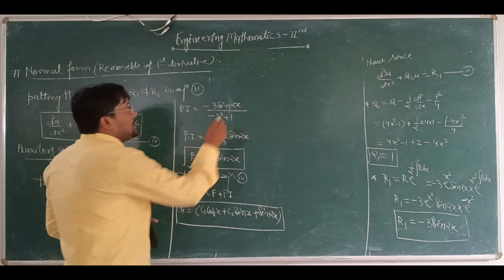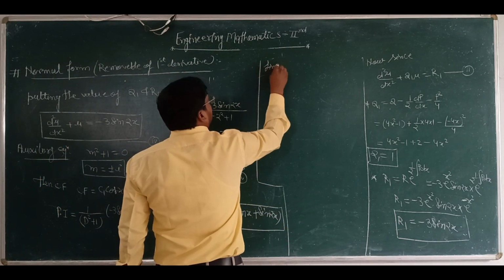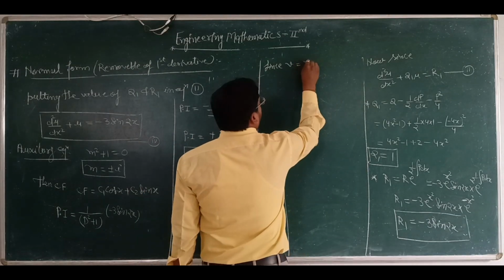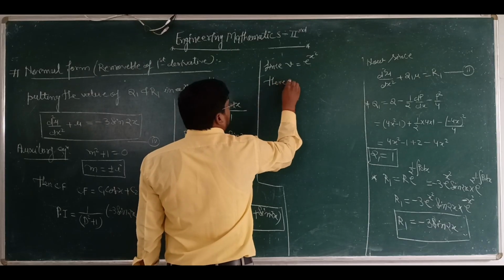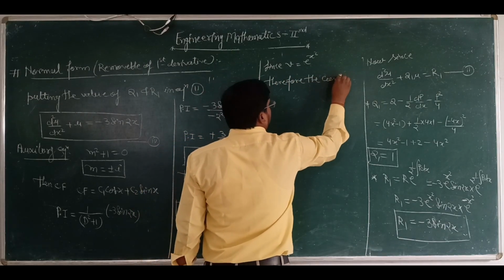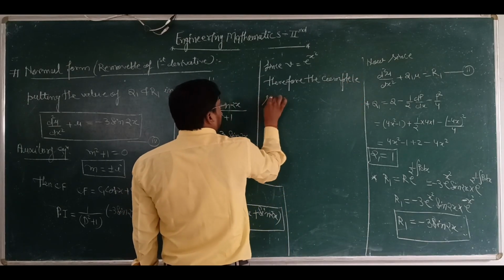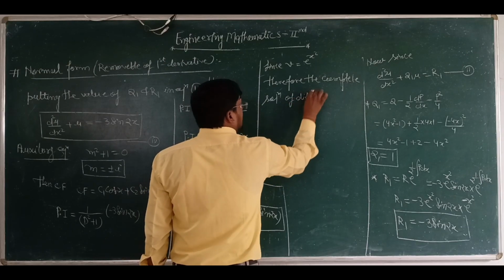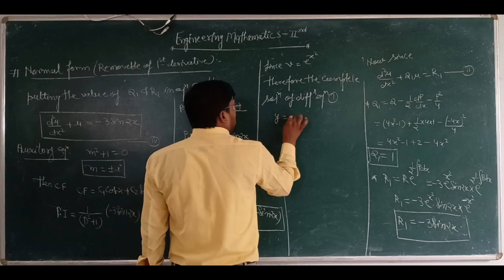Now, since v is equal to e to the power x², therefore the complete solution of differential equation first, y = uv.